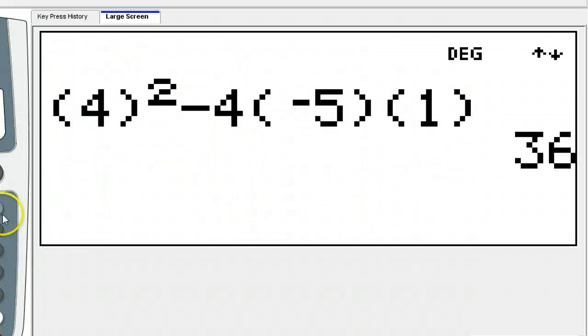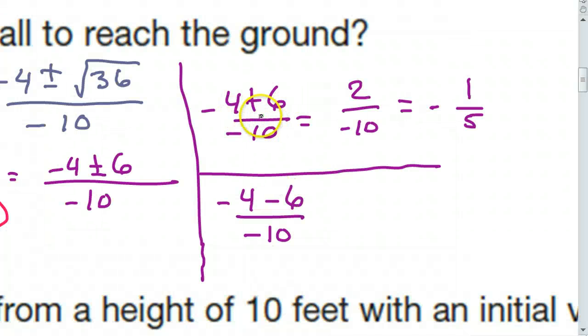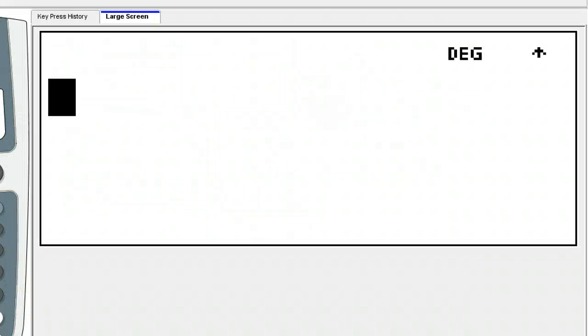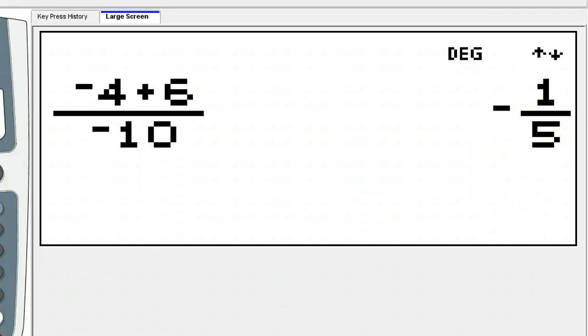By the way, if you ever needed to, you could type this expression in your calculator: negative 4 plus 6 over negative 10. And that's negative 1/5.